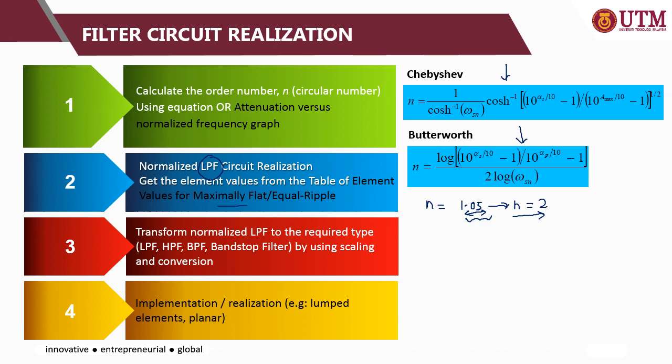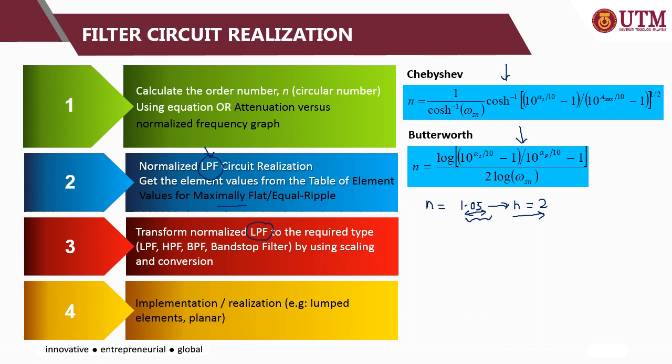Okay, after you get the normalized circuit, then you need to transform the normalized low pass filter circuit in step 2 into the required type of filter. Okay, for example, obviously from the second step, you will get the low pass filter design. So in this course, the normalized circuit is basically for low pass filter.